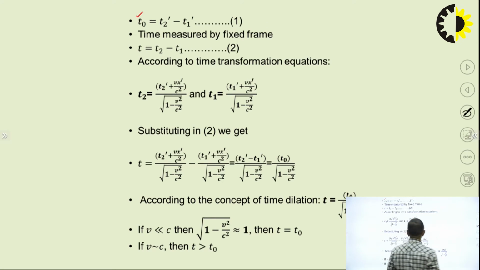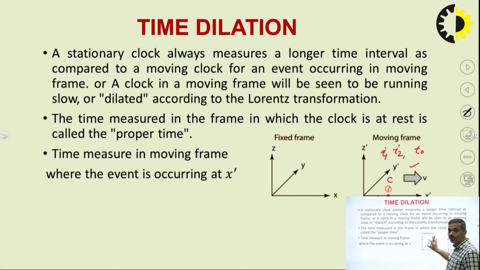Now if we consider that there is another observer observing the same events with respect to the fixed frame, the S frame, the stationary frame. Suppose the time of the first event with respect to the fixed frame is T1, and the time of the second event with respect to the fixed frame is T2, and the time interval between these two is T. So with respect to the fixed frame, the value of T will be T2 minus T1.